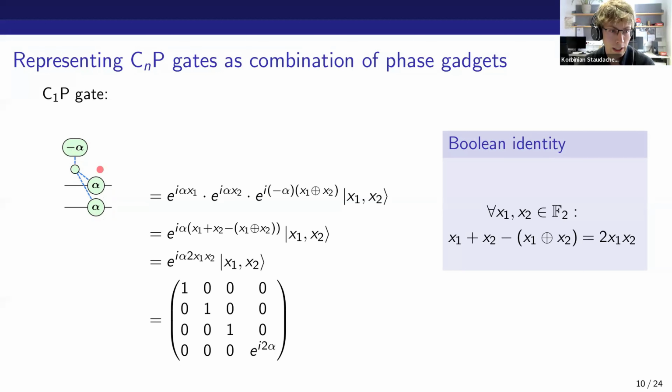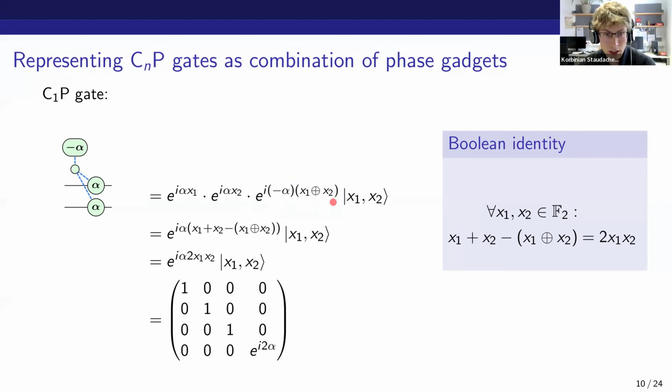Because then what we get is the following term. This is e to the power of i alpha x1 for this, e to the power of i alpha x2 for this. And for the phase gadget with the minus alpha, we get this term here, which is already known from the previous slide. It's the same XOR term.